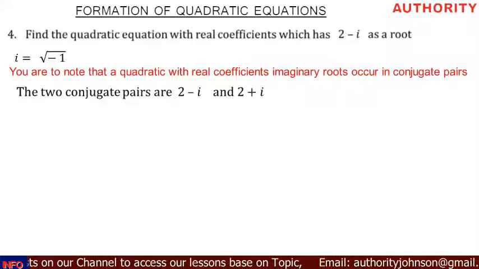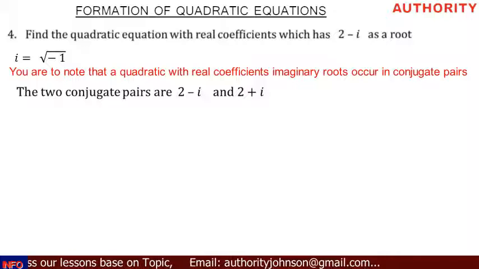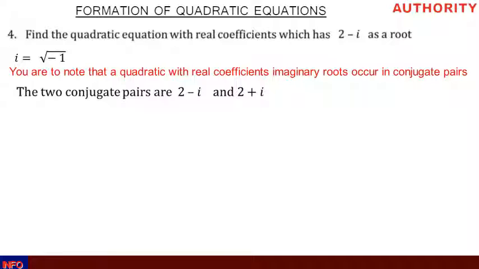So the conjugate of 2 minus i is going to give us 2 plus i. So these 2 minus i and 2 plus i are the roots of this quadratic equation that we're going to find.